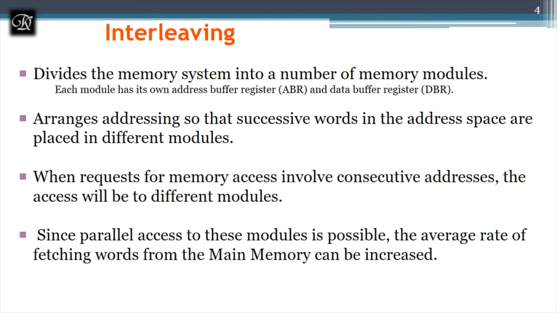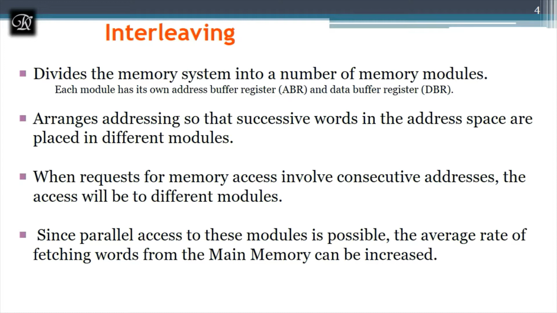First, we'll see interleaving. Interleaving is about dividing the given memory system into a number of memory modules logically. Each memory module will have two buffers: one is an address buffer register, the other is a data buffer register. It is just like a MAR and MDR, where MAR is the memory address register and MDR is the memory data register.